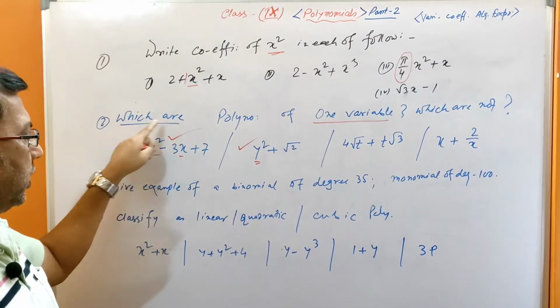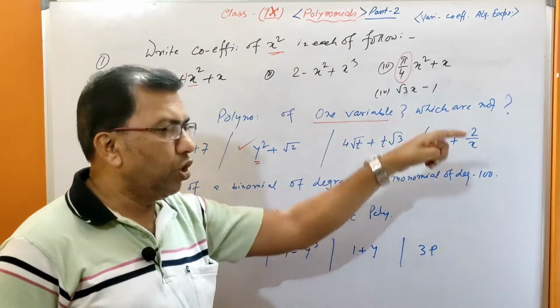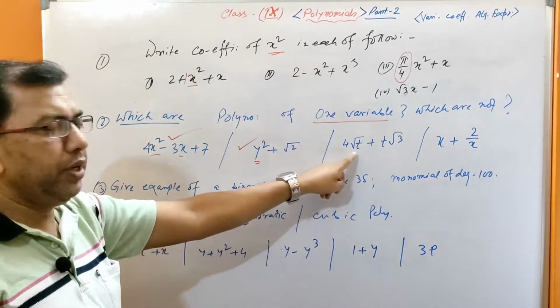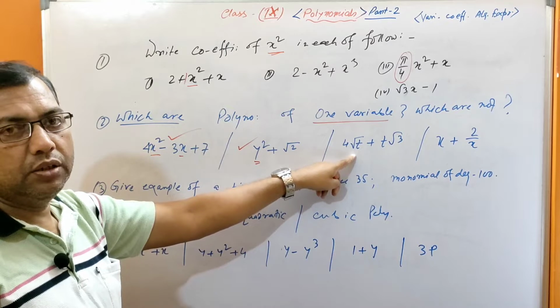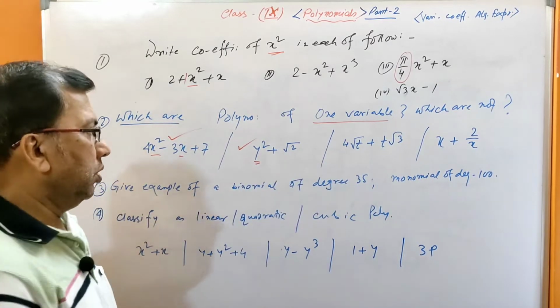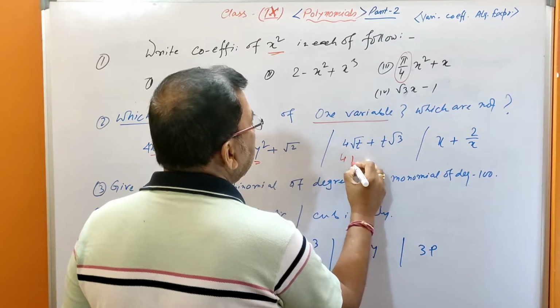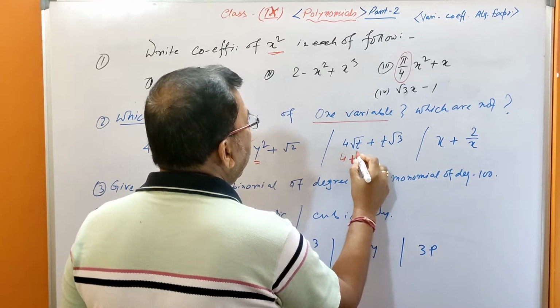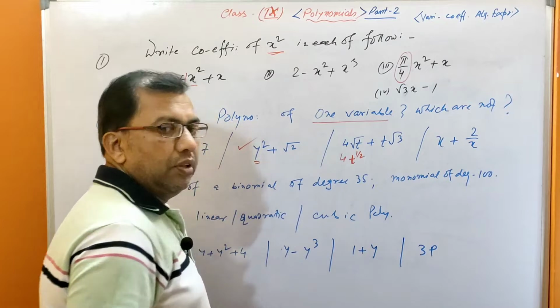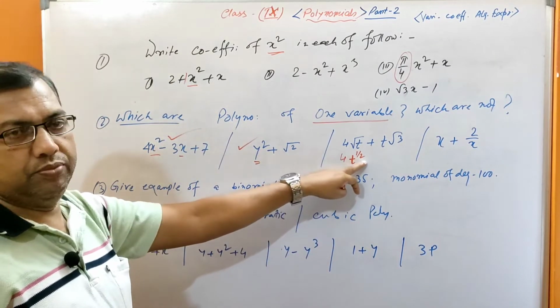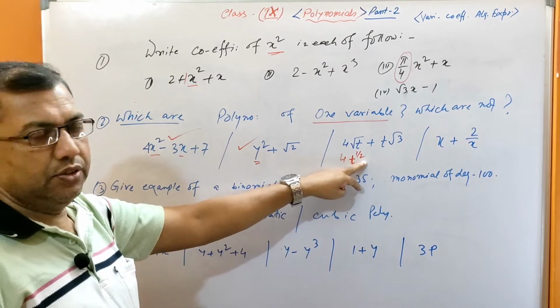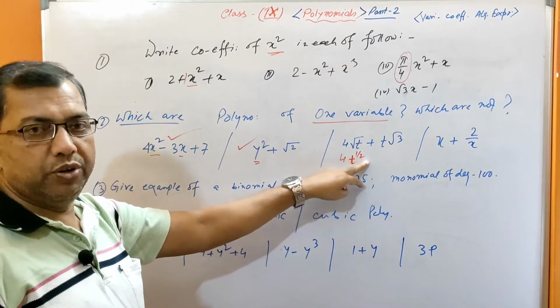But the question is which are polynomials of one variable and which are not. Is it a polynomial? Why? Because if you write root t, what does it mean? t to the power half. That is, it is not an integer. It is a fraction. So it is not a polynomial.